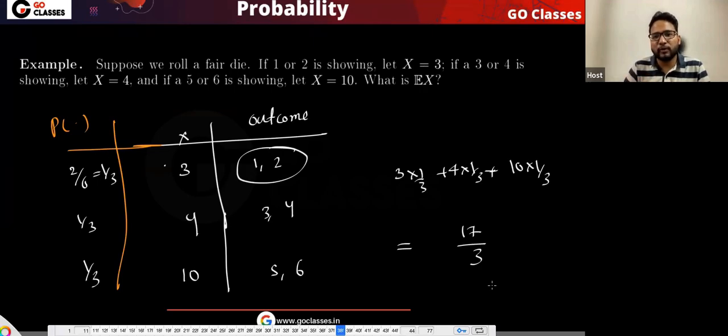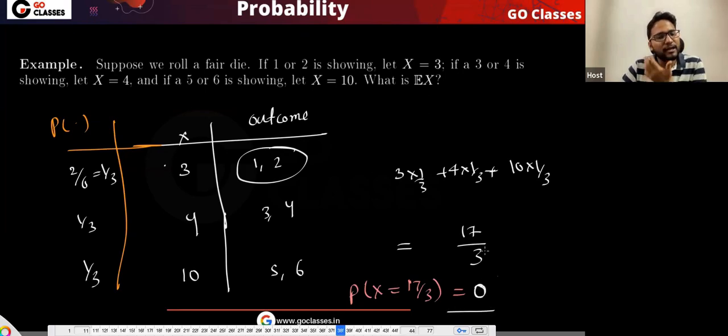This is not the exact value. X cannot take the value 17 by 3. X will be taking the value either 3 or 4 or 10. Tell me, is there any higher probability of x equal to 17 by 3? What is the probability of x equal to 17 by 3? It is 0, right?